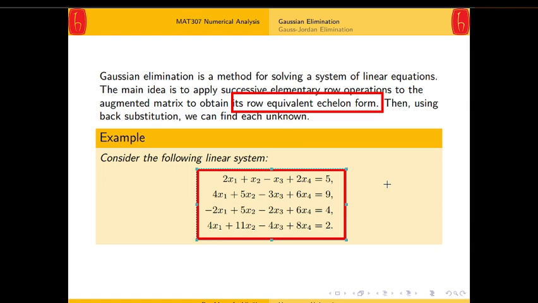You don't have to call it echelon form, you can call it something else, and you can still get similar approaches to solve linear systems.